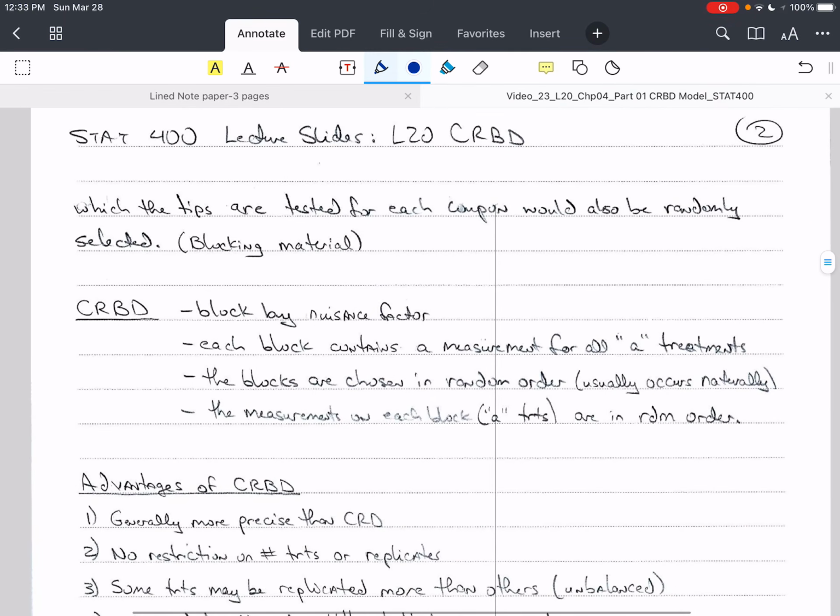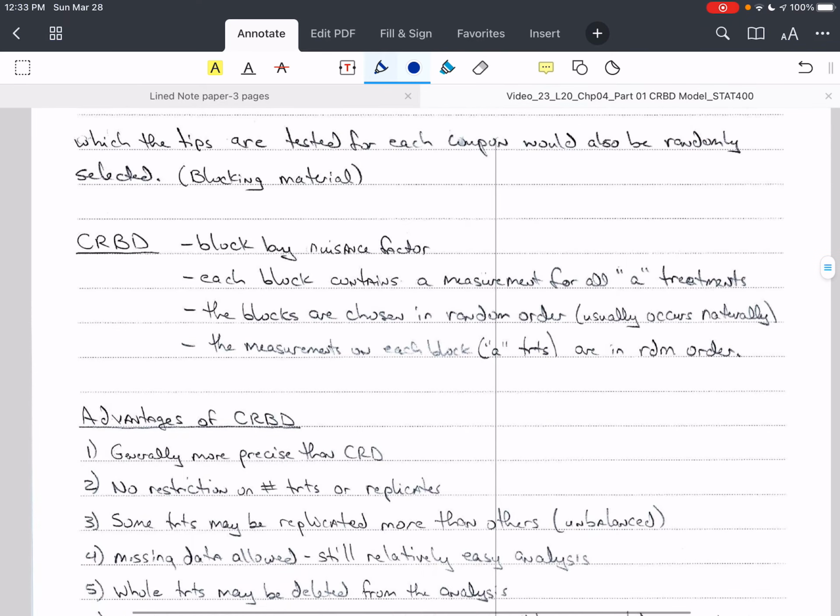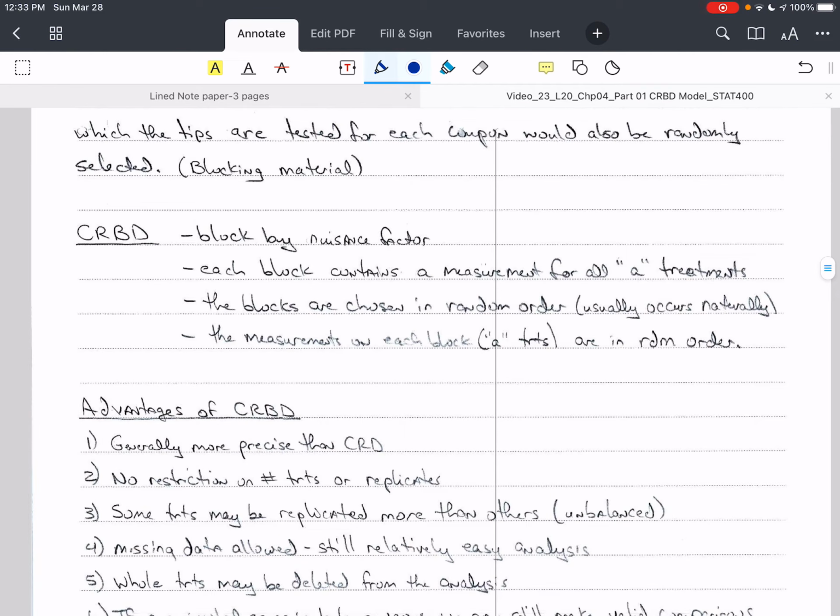So in a complete randomized block design, we're going to block by the nuisance factor. Each block contains a measurement for all A treatments. The blocks are chosen in random order, and this usually occurs naturally, but I'll emphasize usually, make sure that they do. And then the measurements on each block, the A treatments, are in random order.